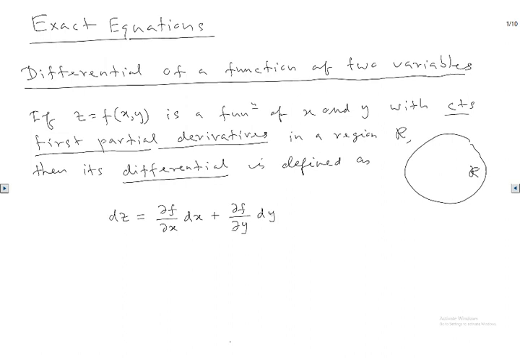So there are two derivatives here, because these are partial derivatives. So there are partial and the regular derivatives. So this is what we call the differential of the z function.